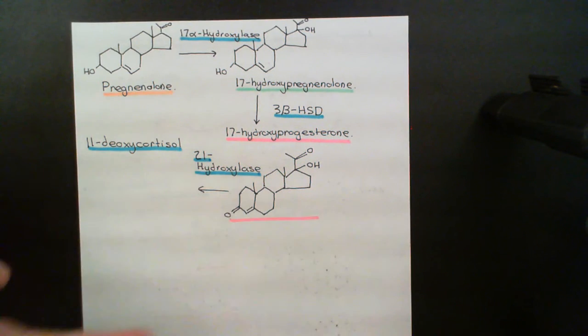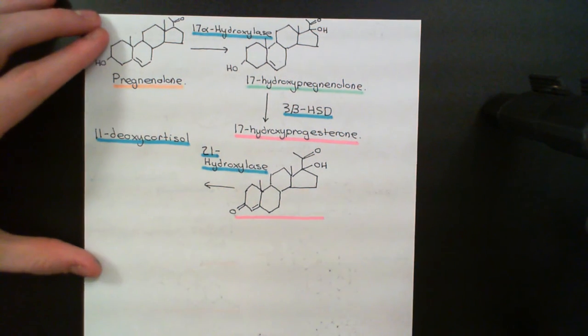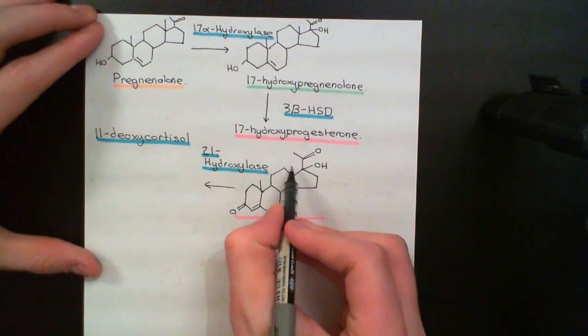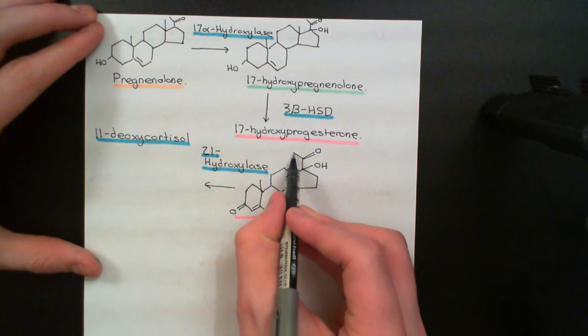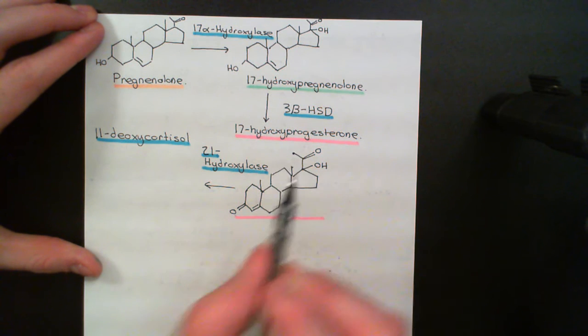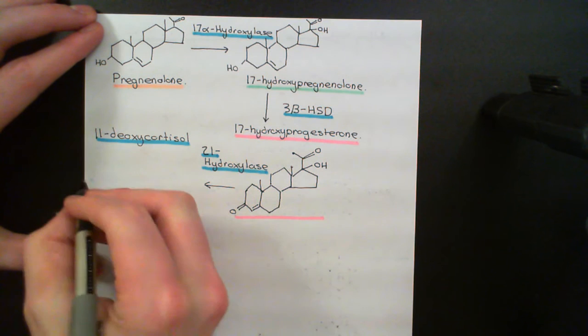So all we need to know is where is carbon-21, so that just requires you to remember the numberings of the carbons in this molecule. So remember, this was 17, this was 18, this was 19, 20, 21. So it's going to add an alcohol group onto carbon-21, which is up here. Now that carbon is currently a methyl group, so it's currently got 3 hydrogens coming off it. Just snap one of those off and stick an alcohol group there instead, and that's going to give us 11-deoxycortisol.